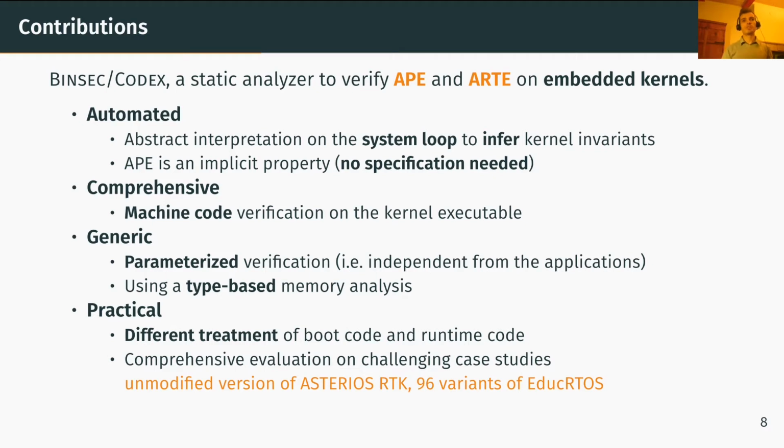So we contribute BinSec codecs, a static analyzer to verify absence of privilege escalation and absence of runtime errors on embedded kernels. It performs an abstract interpretation on the system loop to infer the kernel invariants rather than having to write them. And for that we use the fact that absence of privilege escalation is an implicit property, and by that I mean a property that doesn't require a specification. And we perform this verification on the kernel executable, which makes it comprehensive.